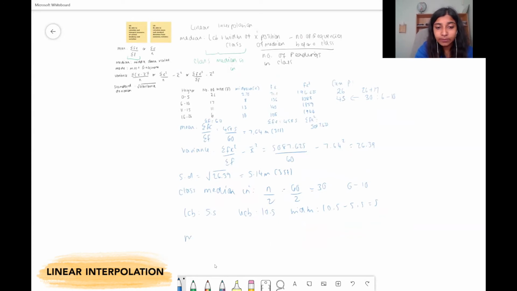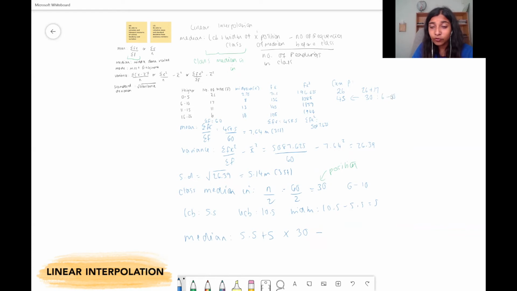So our median would just be equal to the lower class boundary, 5.5, plus the width, which is 5, times the position of our median. The position of the median is 30, so times 30, minus the number of frequencies before the class our median is in.